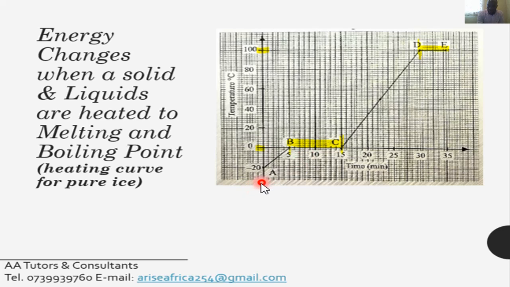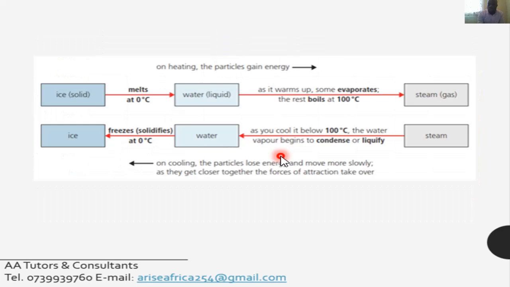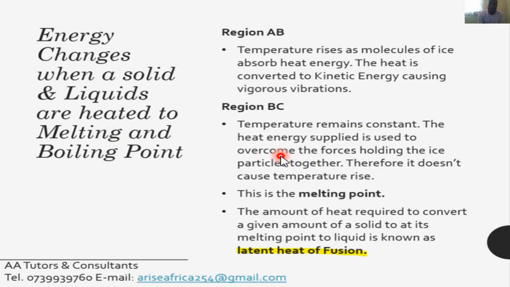Now what happens between region A and B? In region A, temperature rises as molecules of ice absorb heat energy. One thing we know for sure is that ice is a solid, and therefore its particles are closely packed together.